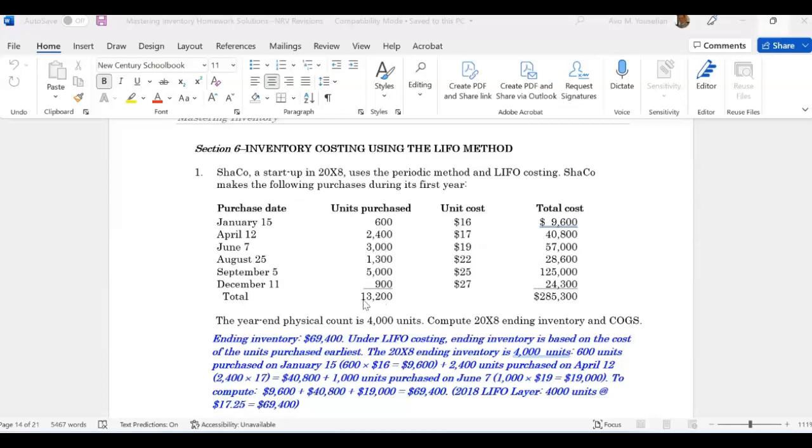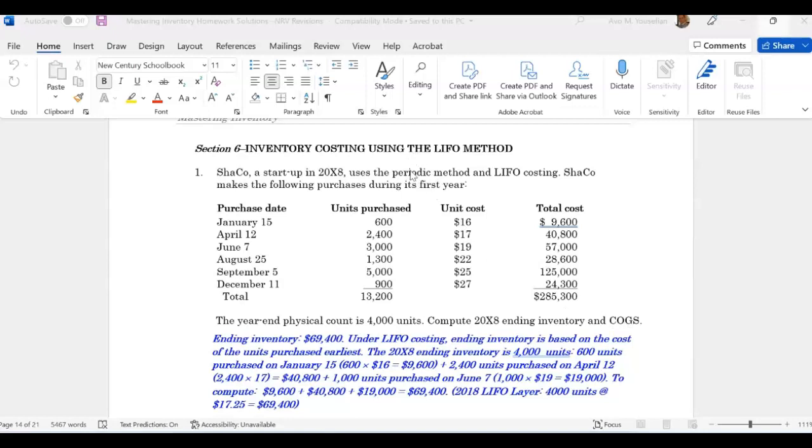Total units purchased in the year is 13,200 units, and the total cost for the inventory is $285,300. The year-end physical count, which is very important and every company needs to do that, shows 4,000 units left at the end. So compute 2018 ending inventory and cost of goods sold.